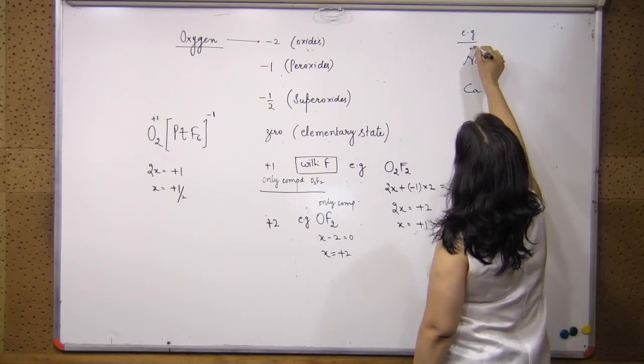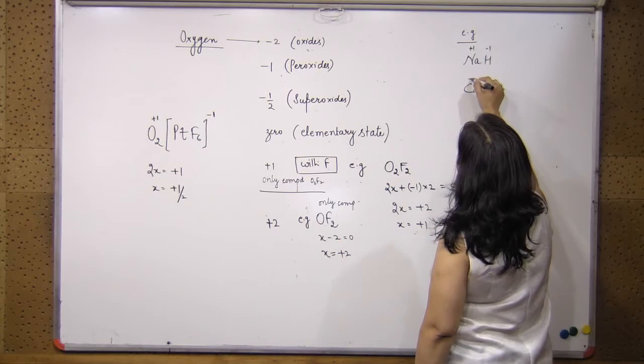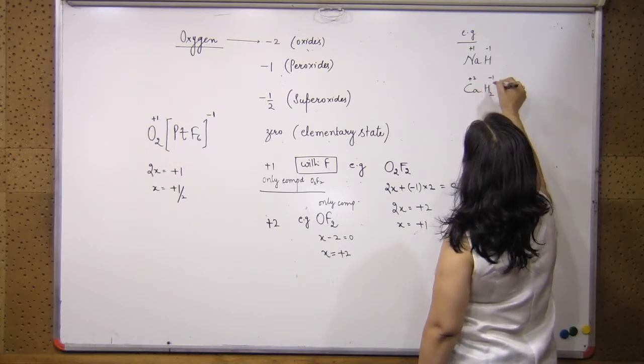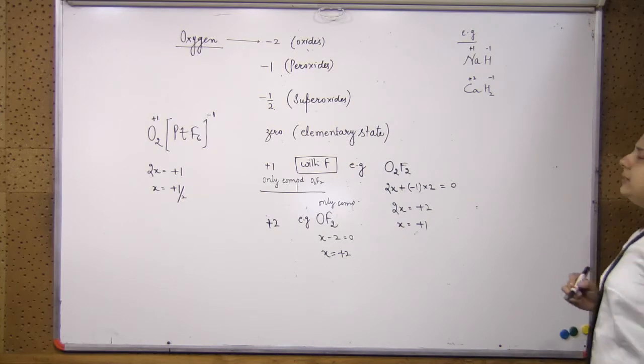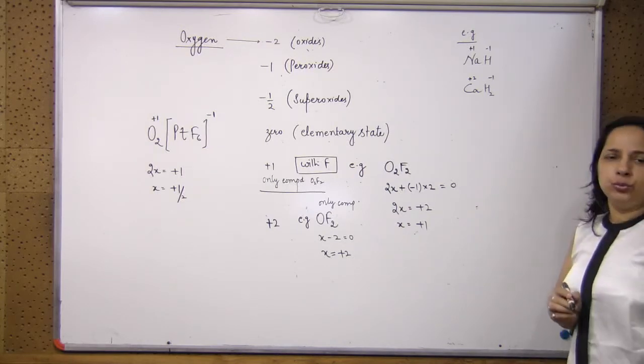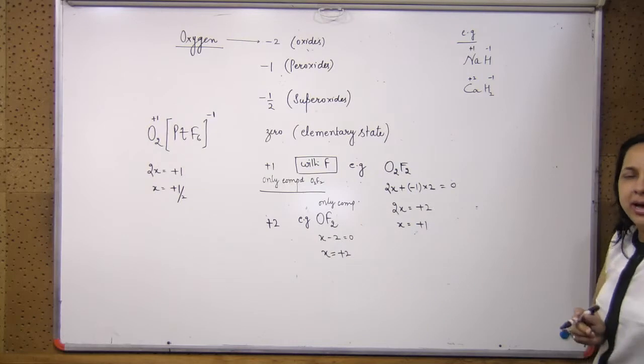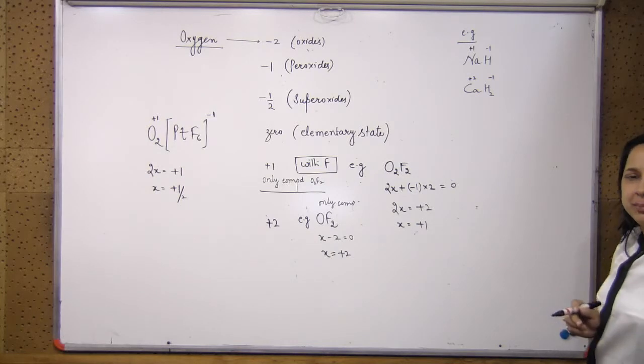Sodium is +1, hydrogen -1, calcium +2, hydrogen -1. It means alkali metals and alkaline earth metals, that is group 1 and group 2, are going to have a fixed oxidation number.